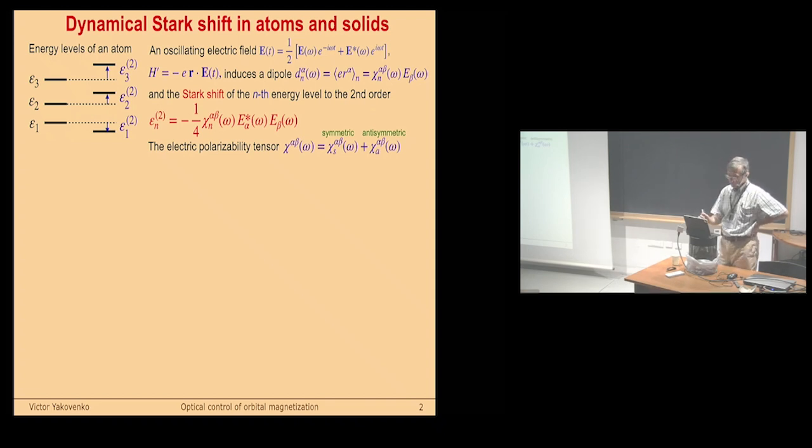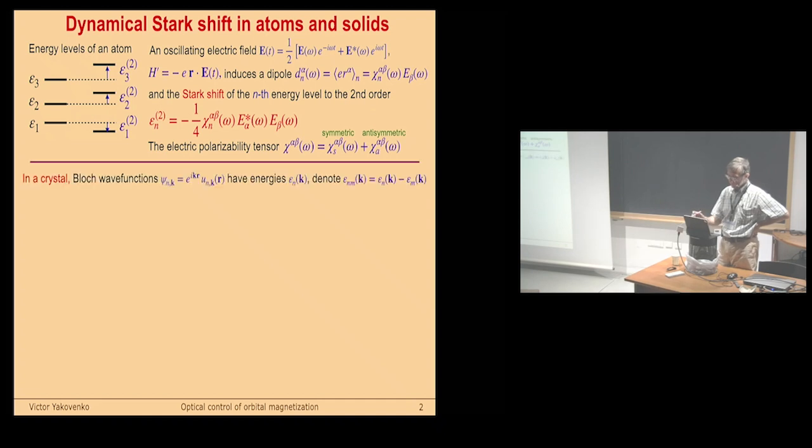But now let's consider the same story not in an atom, but in a solid, in a crystal, in a periodic system. In this case, of course, there are energy levels, as you know, and they have a discrete index n and a continuous index k. The discrete index n is basically the band index, which is qualitatively similar to discrete energy levels in an atom. But in a periodic system like a crystal, we also have quasi-momentum.